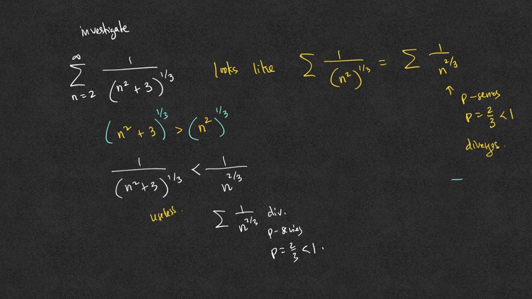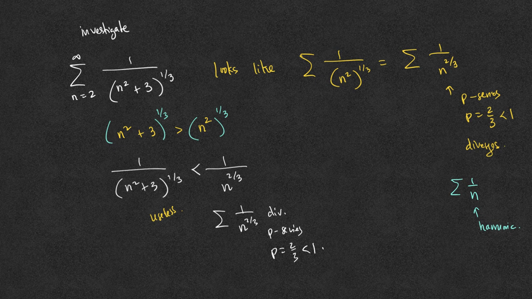Perhaps we compare this with the series 1 over n. Remember that the series 1 over n is the harmonic divergent series. In order to state that this given series is also divergent, because we suspect that it is divergent, we need the terms of the given series to be greater than 1 over n.